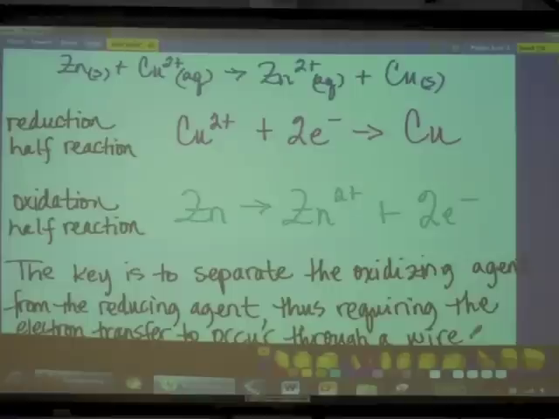Essentially that copper 2 plus is going to pull those electrons away from the zinc.